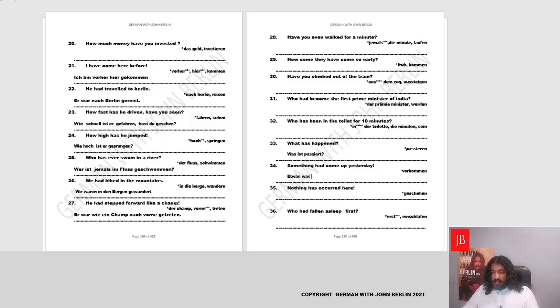Etwas war gestern. Gestern is yesterday. It's an adverb. Come up is vorkommen, a trennbares verb. Vor, we'll add a ge in the middle. Gekommen. Very good.